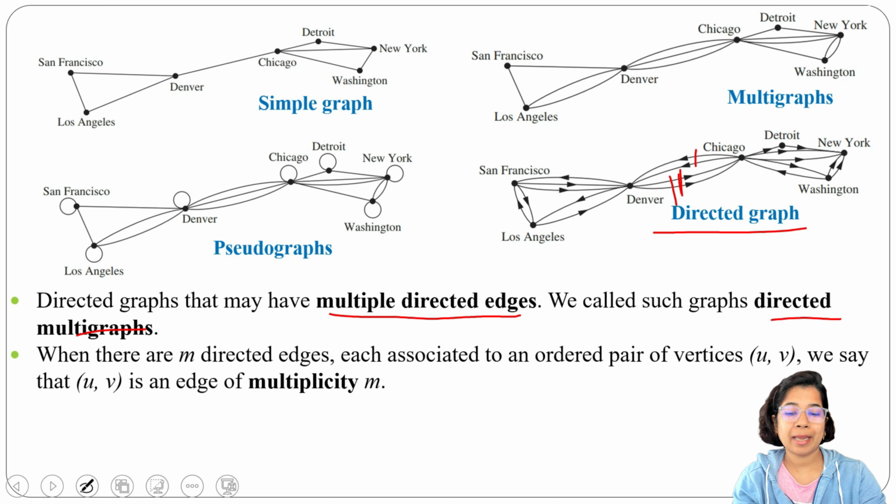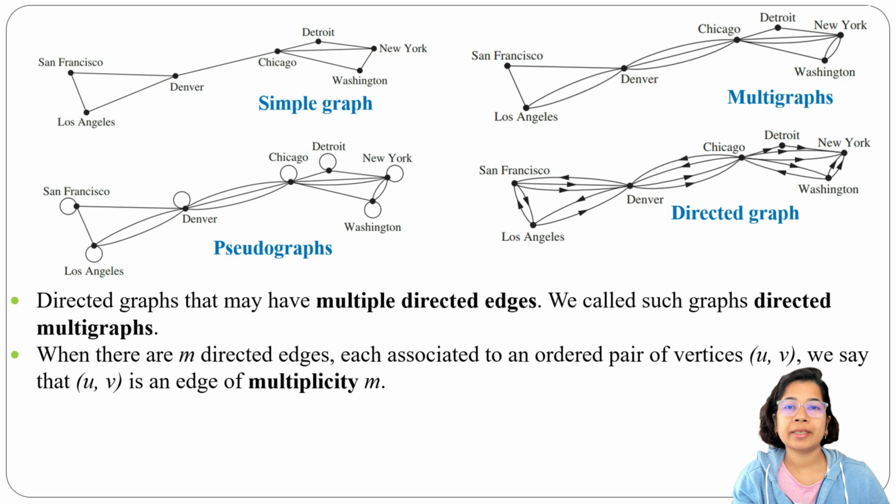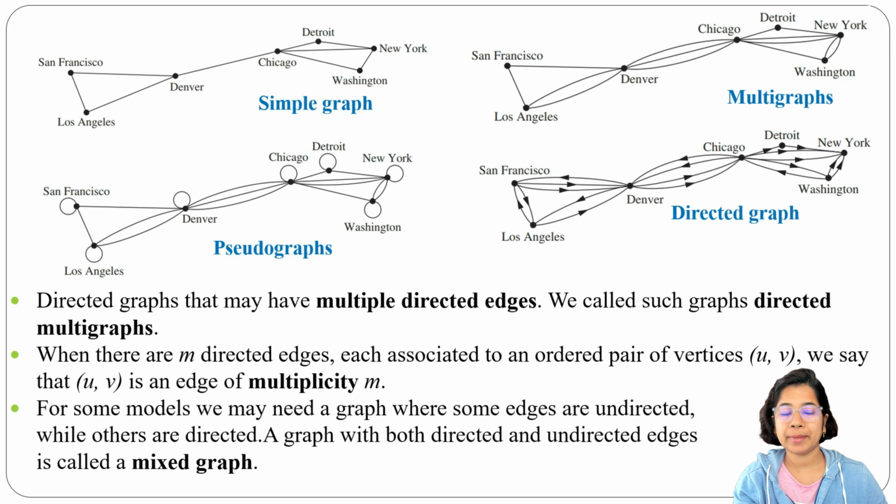When there are m directed edges associated to one ordered pair (u, v), we say that (u, v) is an edge of multiplicity m. So here we can say Denver to Chicago multiplicity is 2. There are 2 edges from Denver to Chicago. If one graph contains both directed and undirected edges, it's called a mixed graph.